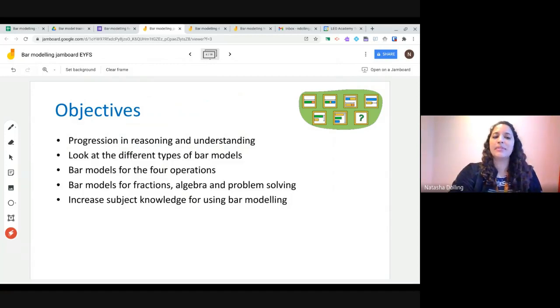If we have time, I really hope we do, we're going to look at bar models for fractions, algebra, and problem solving. But just overall, I really want to increase your subject knowledge for using bar modeling, get you much more confident with using them in your classrooms, much more confident with recognizing questions that have bar modeling in them.